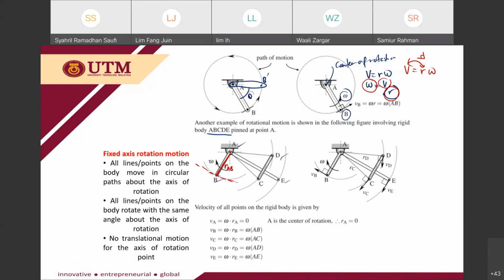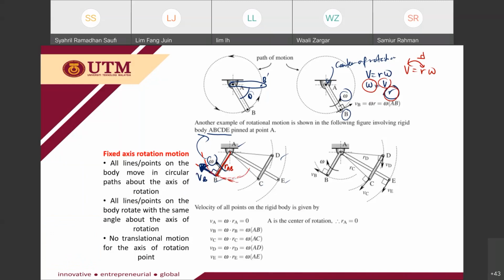Since omega, the angular velocity, is rotating in the clockwise direction, I know that my V should be in this direction, because this whole system is rotating clockwise, so V should follow omega. So this is my VB. This VB should be perpendicular to R, or you can say that V is tangent to the curve of the point B.